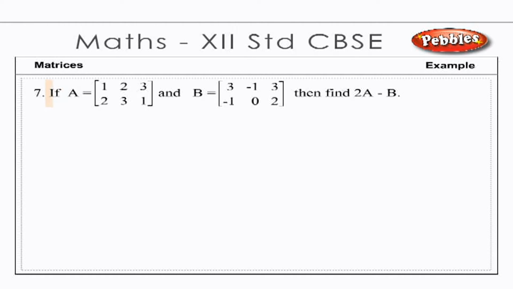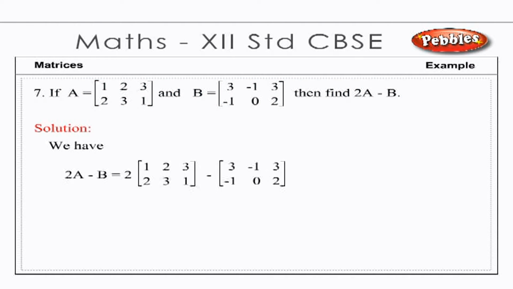Example: if A = [1, 2, 3; 2, 3, 1] and B = [3, minus 1, 3; minus 1, 0, 2], then find 2A minus B. Solution.